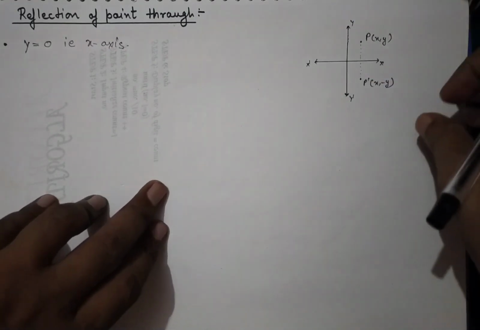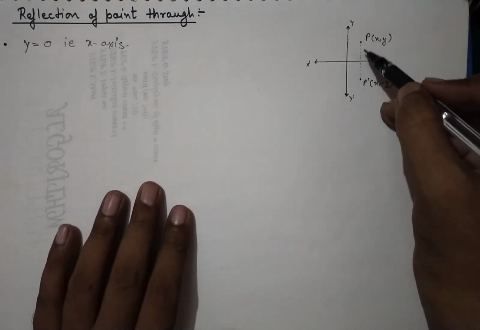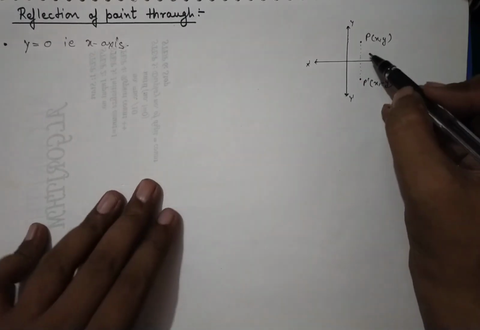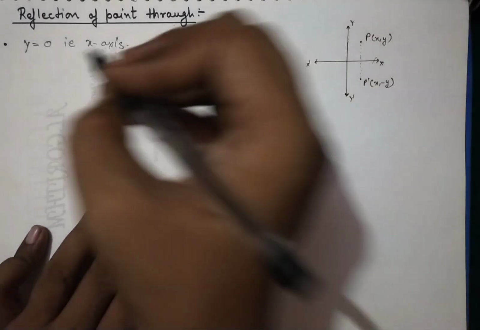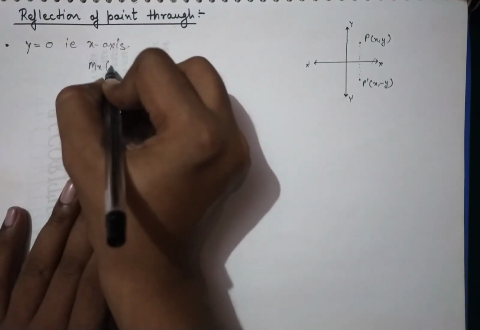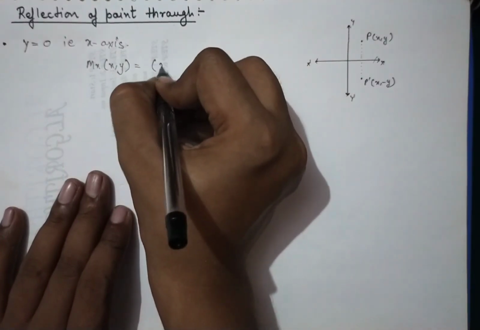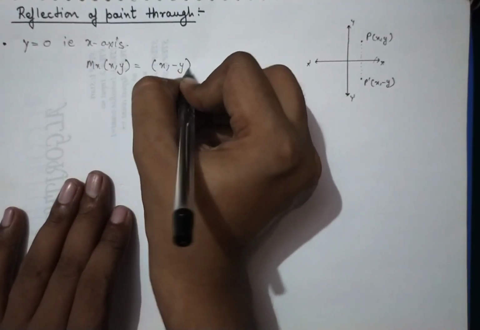So we see that only the sign of y is changed because the position of x is the same, it is lying on the same line, so M of x-axis of (x, y) equals (x, minus y).